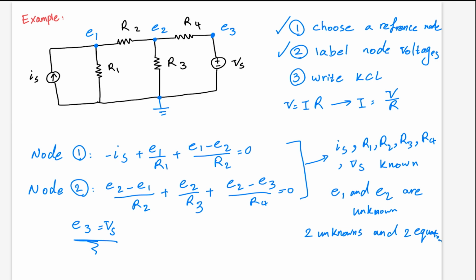So we can find E1 and E2. From here, E1 and E2 will be known. So let's go to another example and see other conditions that we may encounter in the questions.